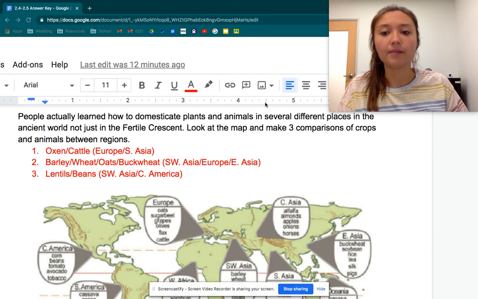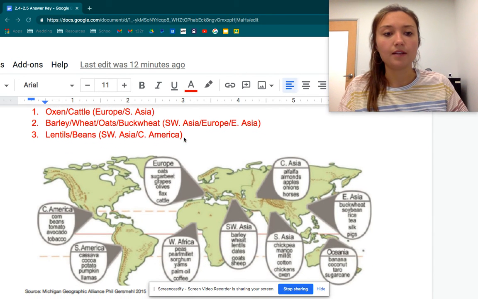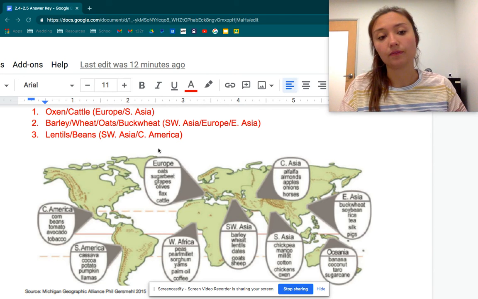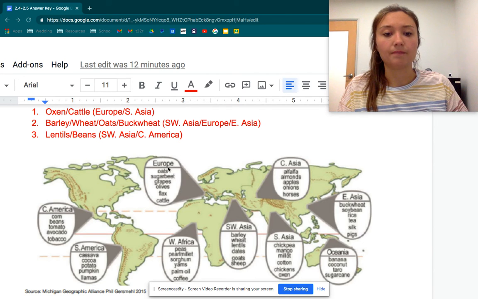So you're supposed to make 3 comparisons of crops and animals between regions. One I found was oxen/cattle. So in Europe here, we can see that cattle was a big part of the animals and what they used for crops and meat.